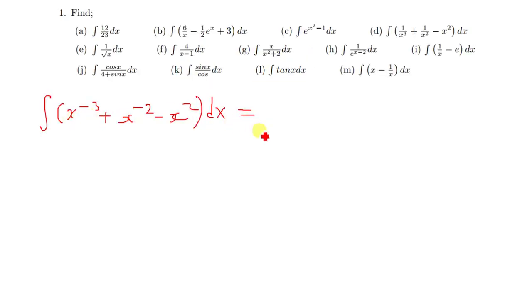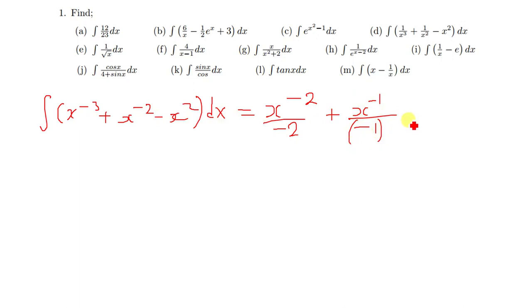So you are going to have x, you add 1 to -3 there, you're going to have -2 here, and then divide by the new power, and then you say plus this x to the power -2, you add 1 to -2, you're going to get -1, then divide by the new power -1 there.